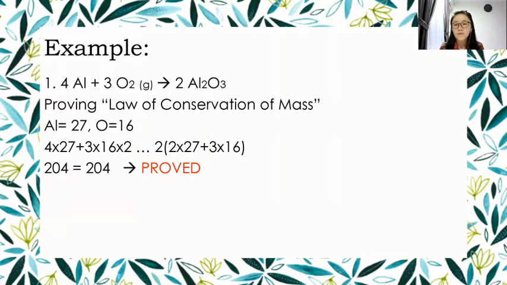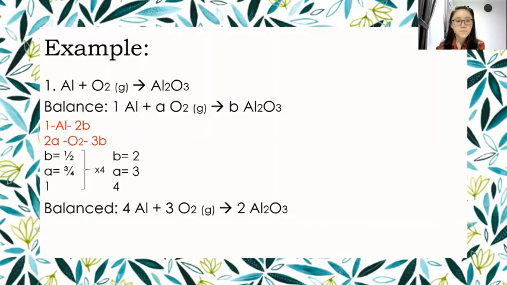And it is the same on the right side, so 204 is equal to 204. It's proof.